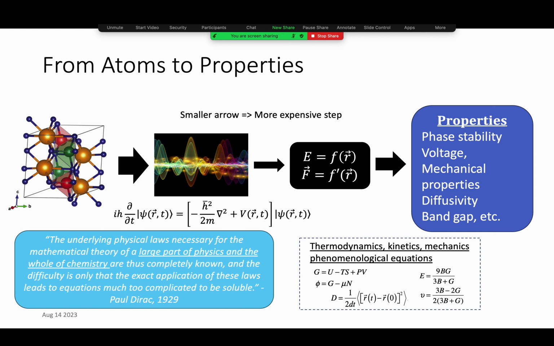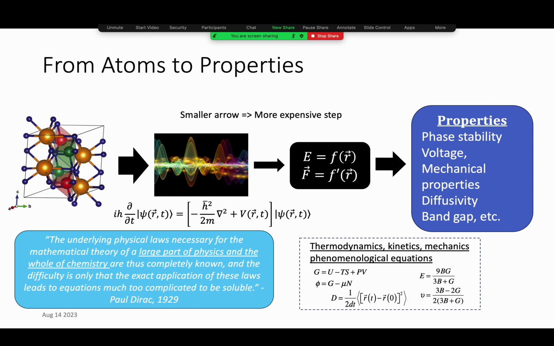You usually start with some arrangement of atoms, and for those of us who work on ab initio computational material science, you basically try to solve the Schrödinger equation, and from the Schrödinger equation, you can get some things like the energies and forces as well as the charge density, and from that you combine that with things like the equations of thermodynamics, kinetics, and other phenomenological equations like mechanics to basically get the properties that you are interested in for the application that you want to design for, right?